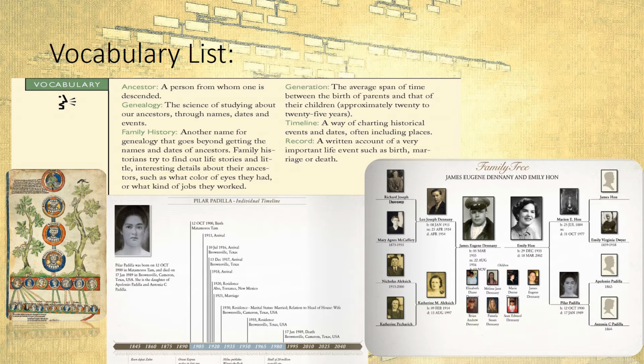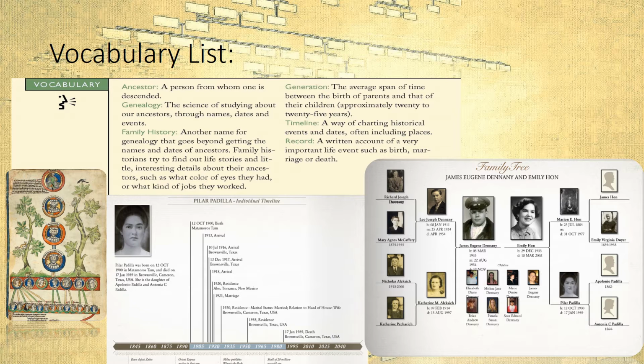Let us begin with the vocabulary we need to understand. Ancestor, a person from whom one is descended. Genealogy, the science of studying about our ancestors through names, dates, and events. Family history, another name for genealogy that goes beyond getting the names and dates of ancestors.